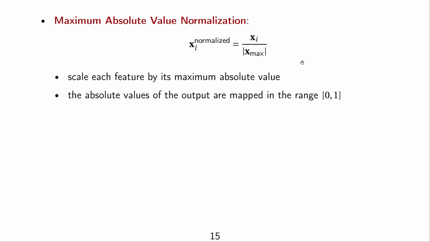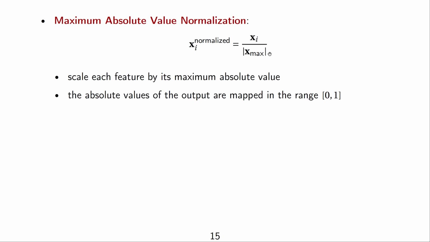Maximum absolute value normalization divides by the maximum absolute value in each feature dimension. So after dividing like this, the absolute values of the output are mapped in the range 0 to 1.